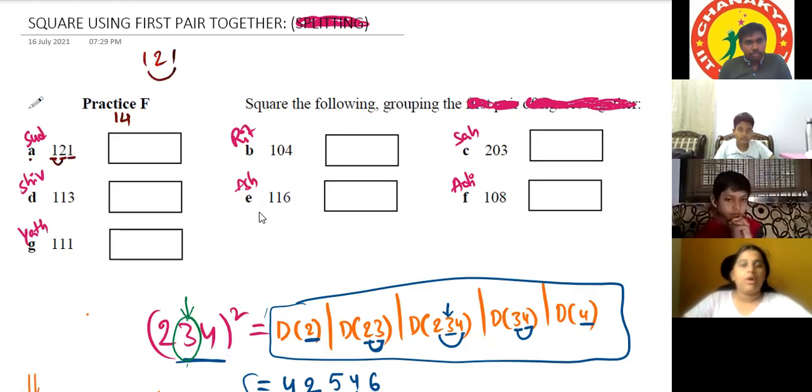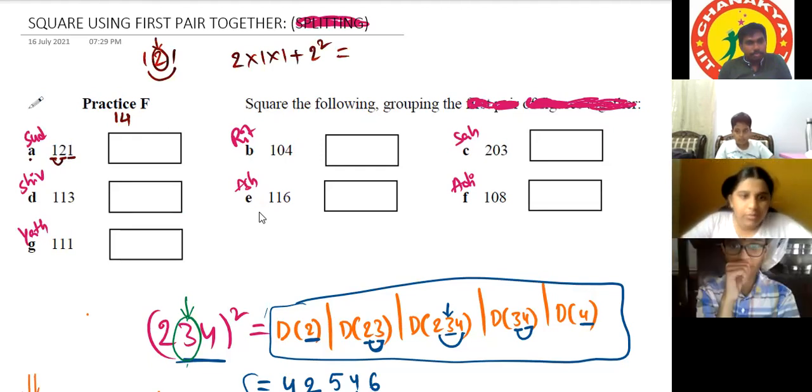121: the double of the product of these two plus the square of the middle one. It is 2 into 1 into 1 plus 2 square. 2 square is 4 plus 2, 6. Yes. And then again, cancel this one.